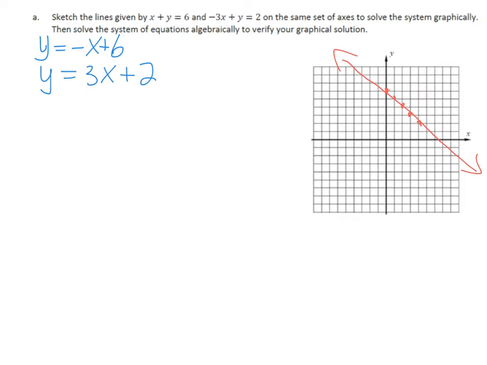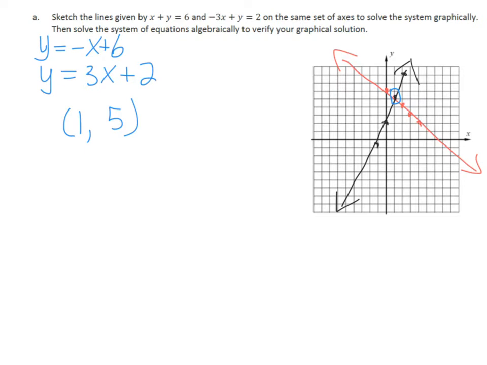Then my next one says to start at 2 and go up 3 over 1, up 3 over 1. So then I'm going to draw in that line. If we're looking at our two lines, notice that they intersect at one point, and that point has the coordinates 1, 5.